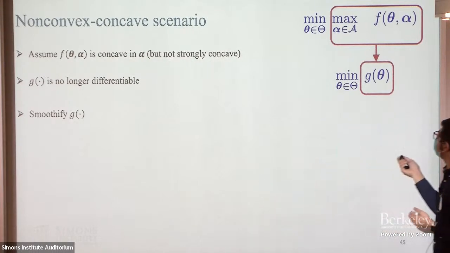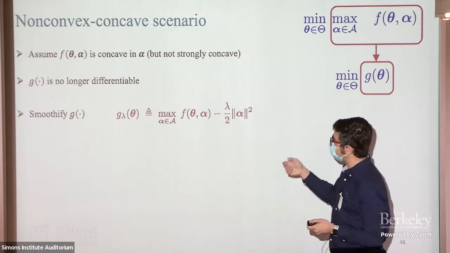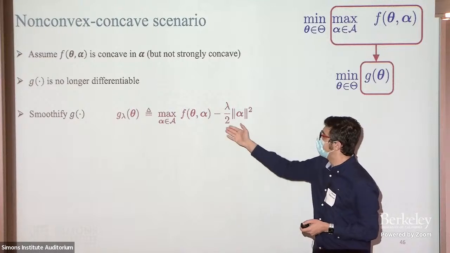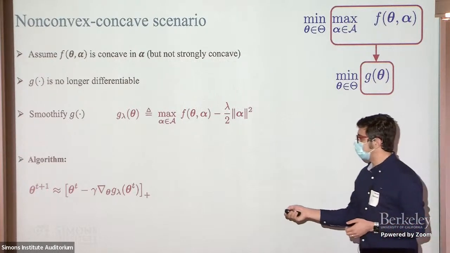Okay? So I can smoothify G, basically use the idea, the algorithm that we had before. I make it strongly concave first, with respect to alpha, and then I apply our previous algorithm. I just need to make sure that my lambda is small enough so that it gets me the desired accuracy. And again, the algorithm would be you do gradient descent on theta.